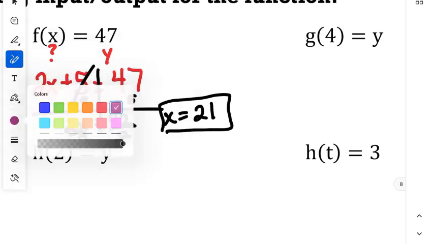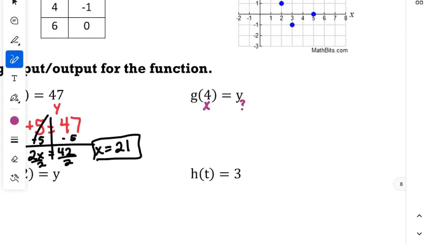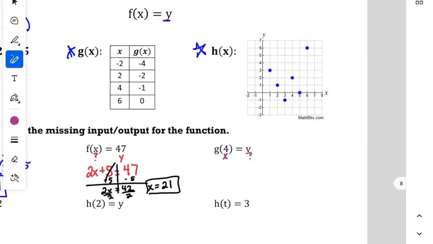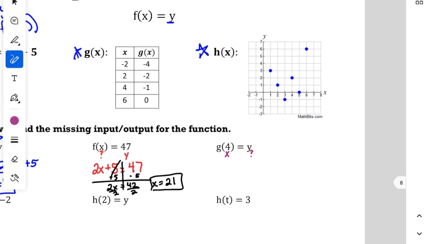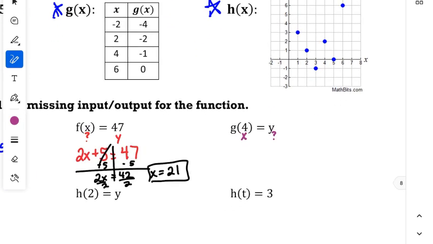Okay, the next one says g of 4 equals y. So what is 4? Is it x or y? X. So put an x underneath it. It's wanting to know what y is, so put a question mark underneath that. So go to the g function. Oh, the g function is a table. So we are going to look at it.